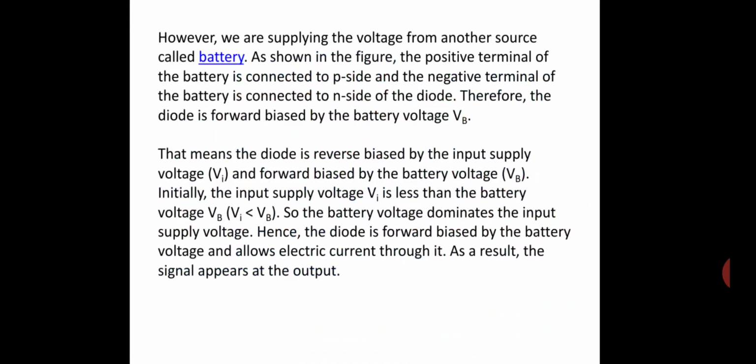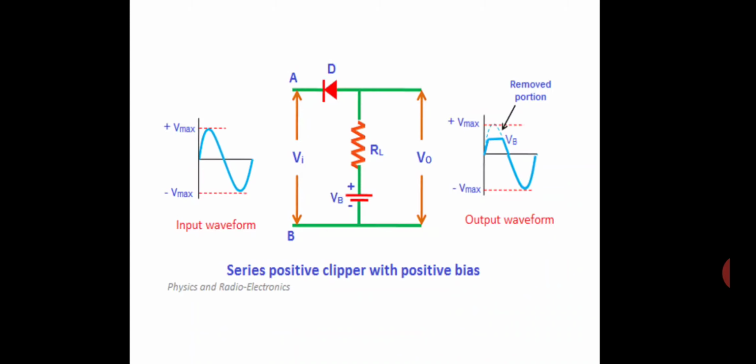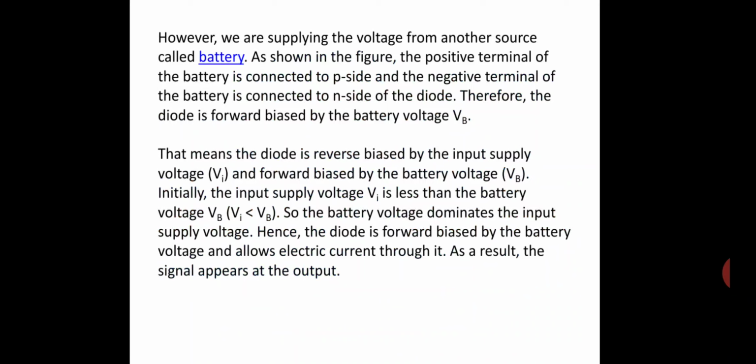However, we are also supplying voltage from another source called a battery. In the figure, VB is the battery. The positive terminal of the battery is connected to the P side and the negative terminal of the battery is connected to the N side of the diode. Therefore, the diode is forward biased by the battery VB. The diode is always forward biased due to the battery.